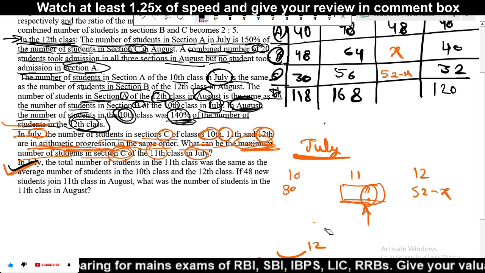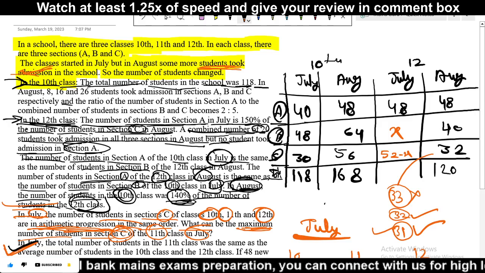Going lesser, 33 is also not possible. If I go to 32, it is possible, because there is no student admission in this. And 31 is also possible, but this will fulfill the condition required in admission.